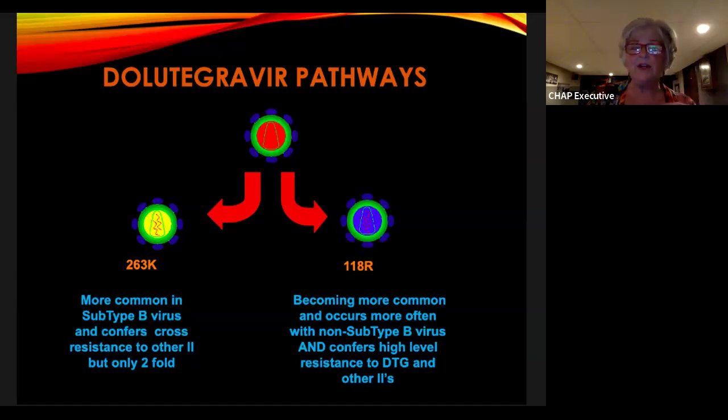Now, I'm only going to say we know a lot about second generation integrase inhibitor pathways using dolutegravir as an example, because this particular drug has been rolled out in many parts of the world, especially in the form of a drug called TLD, a triple therapy drug with dolutegravir, lamivudine, and tenofovir DF being used in Africa right now.